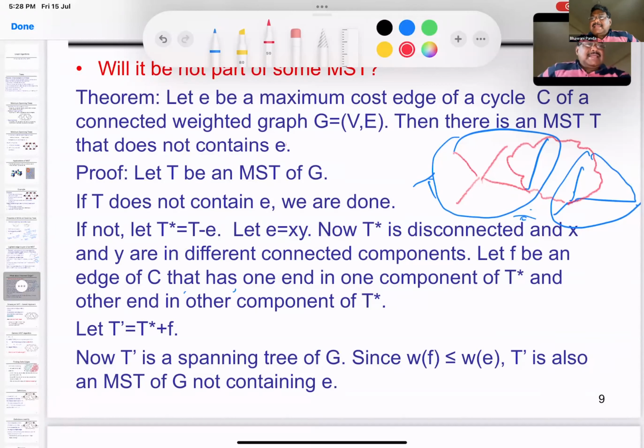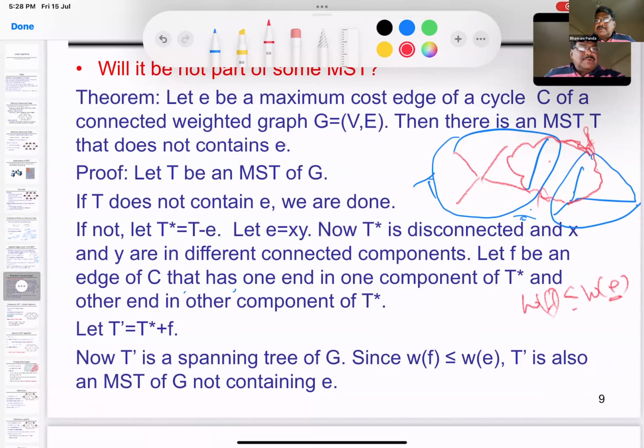Since if you delete E the tree becomes disconnected, at least one edge F of the cycle will be going from this component to this one. So I call this my F. The weight of F will be less than or equal to the weight of E, because E is the heaviest cost edge in that cycle.